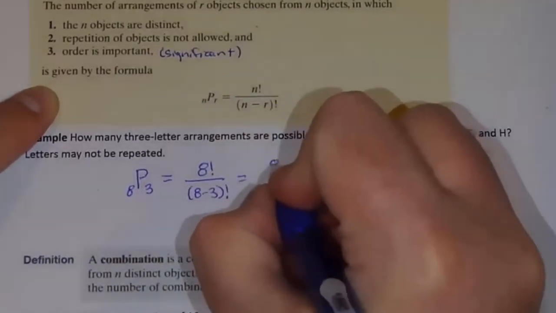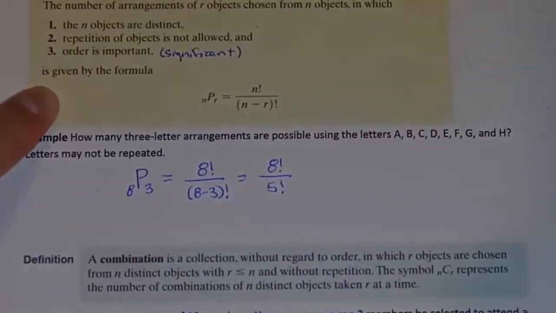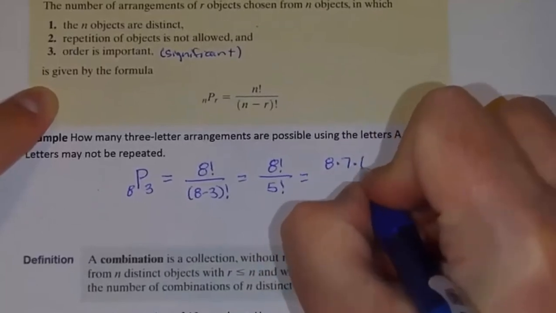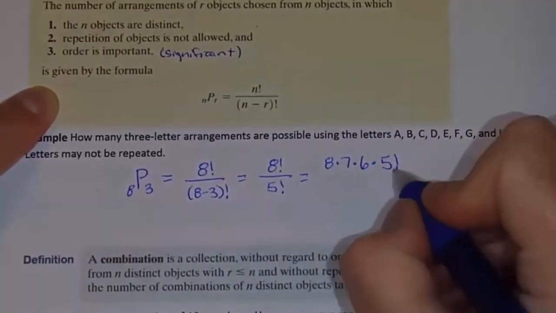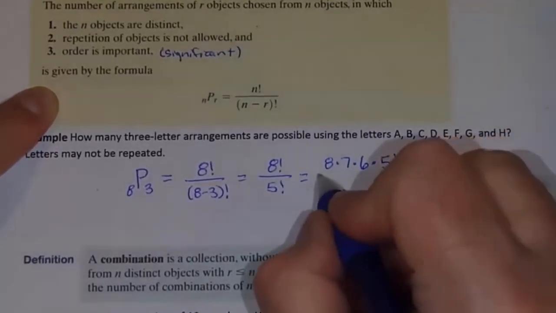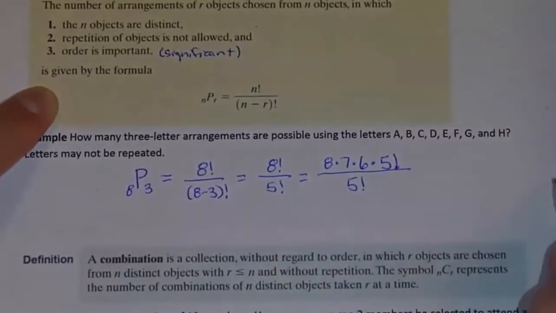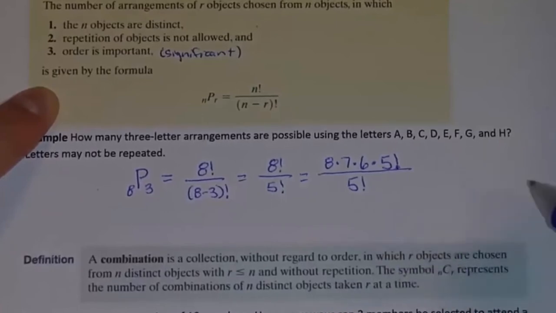Now 8 minus 3 is 5, so that's 8 factorial over 5 factorial. Now 8 factorial means 8 times 7 times 6 times, I'm going to say 5 factorial. 5 factorial is going to keep going down to 1: 5, 4, 3, 2, 1. But on the bottom, I have 5 factorial, which is also 5, 4, 3, 2, 1. So the 5s would cancel, the 4s would cancel, the 3s, the 2s, and the 1s would cancel.